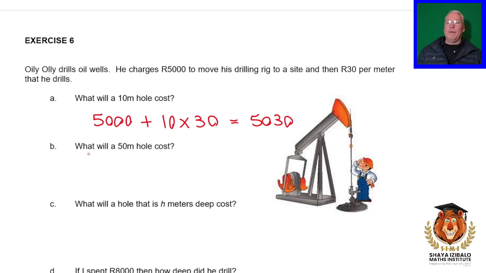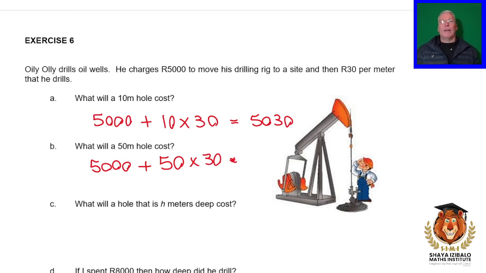Okay, what will a 50 meter hole cost? 5,000 plus 50 times 30. Right, 50 times 30 is 1,500. Okay, that's easy to do because 5 times 3 is 15, and each of them has a 0 on, so it's 1,500. And then add that to the 5,000, so we're going to get 6,500.